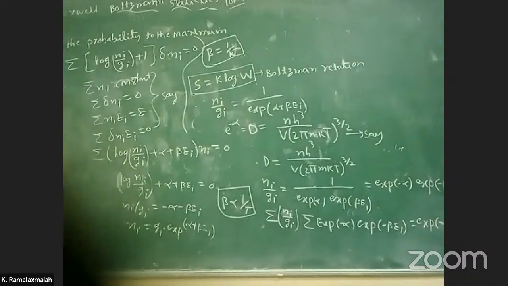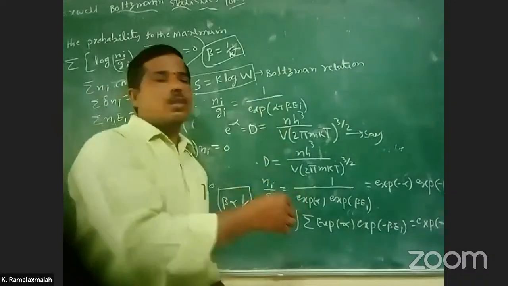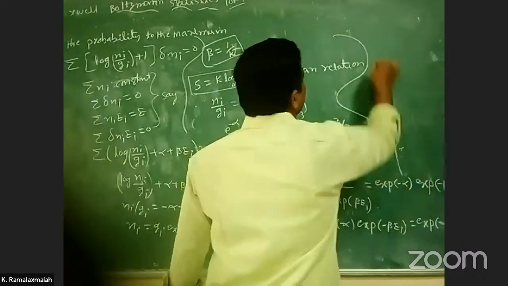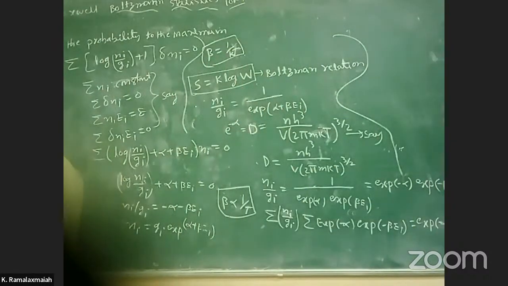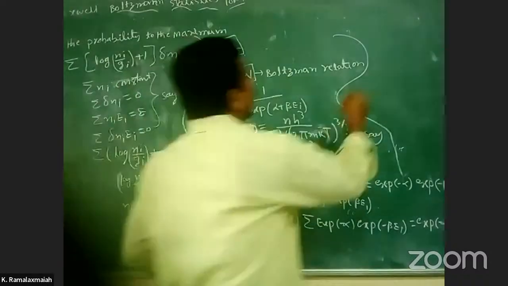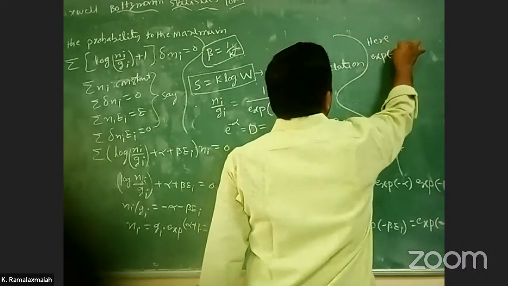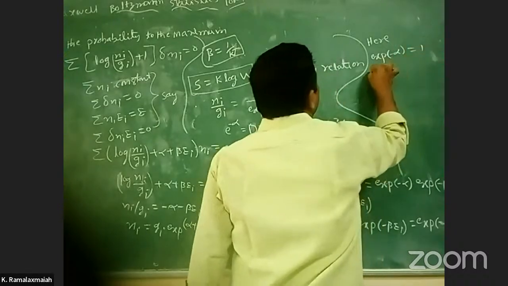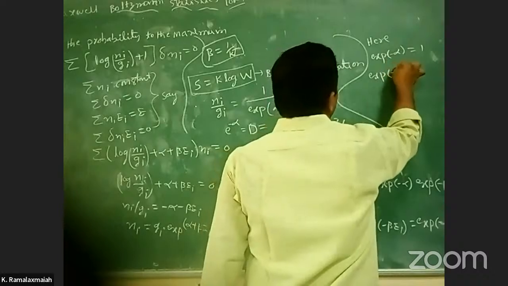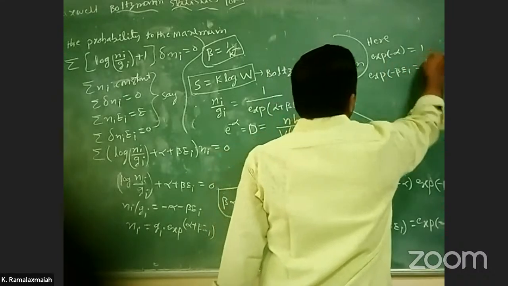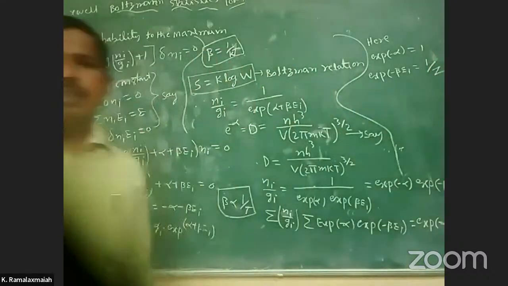So here exponential minus alpha is equal to 1, and exponential minus beta Ei is equal to 1 by Z.